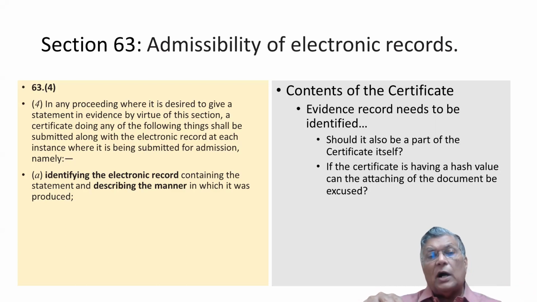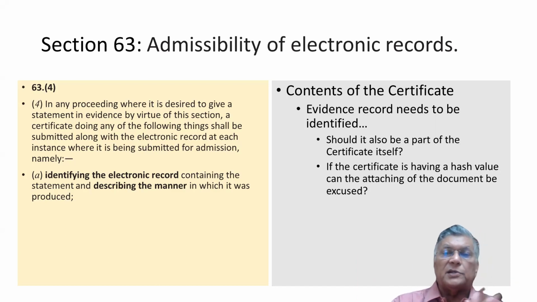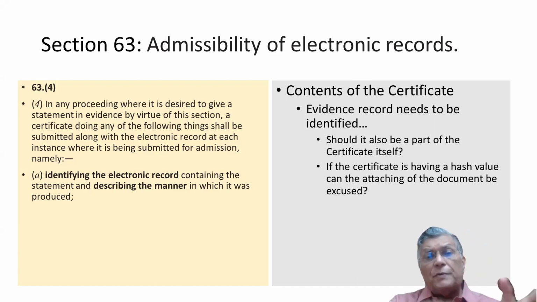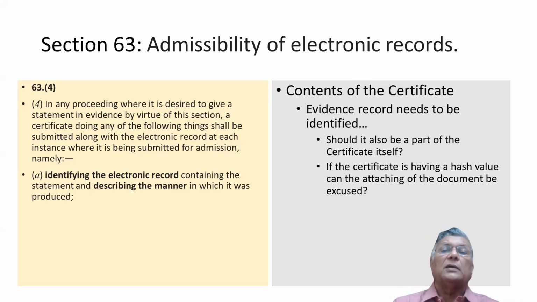And then the audio or video should be attached. What you can create in paper is only a covering letter. I am enclosing herewith the section 63 certificate in respect of the video which was present in such and such a computer, etc. Hash value of which is so and so. All that can be done provided the entire section 63 certificate is produced in electronic form.